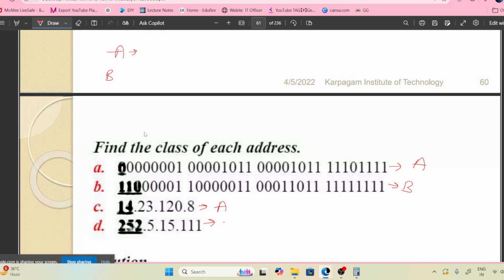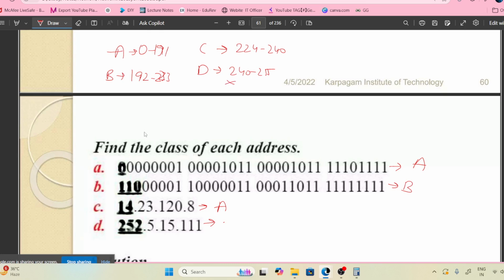Okay, class A range, class B range, class C range. Class A range is 0 to 1... how much was it? 190... seven or something. And class B is 192 to 223, and class C is 224 to 240, and class D is 240 to... this went wrong.